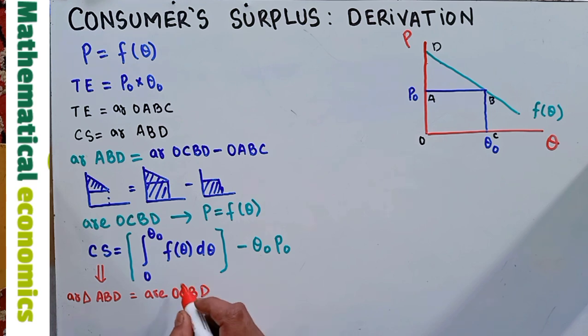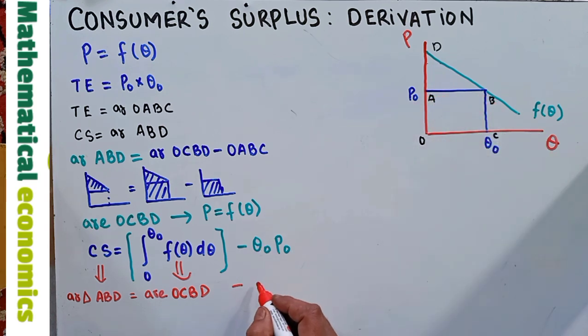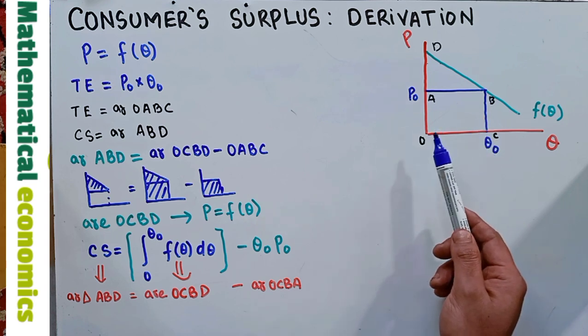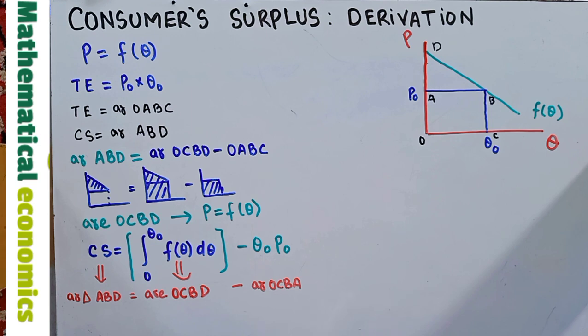Minus this, Q naught P naught denotes the area of the rectangle OCBA. Okay, and this gives us the formula for calculating the consumer surplus. Consumer surplus is simply the difference between the price that the consumers are willing to pay and the price that they actually pay.